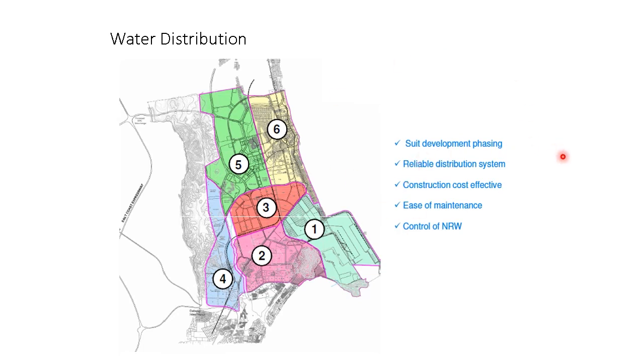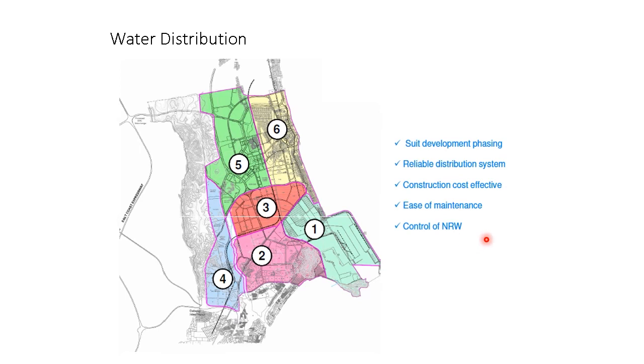Okay, so the development phasing, okay, by zoning, reliable distribution system, the construction is more effective in cost, it is easy of maintenance and control of non-revenue water. Non-revenue water ni actually water yang loss before it reach the consumer.